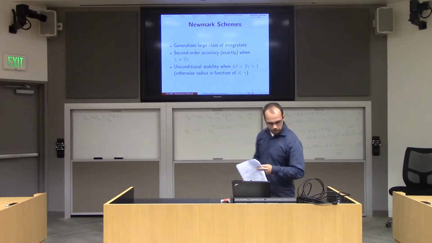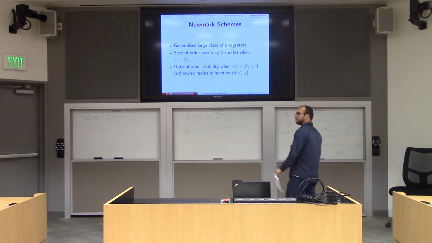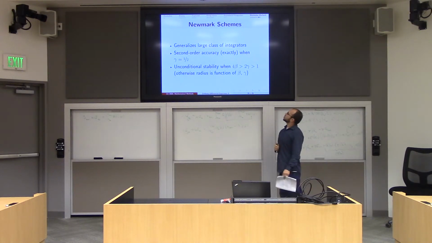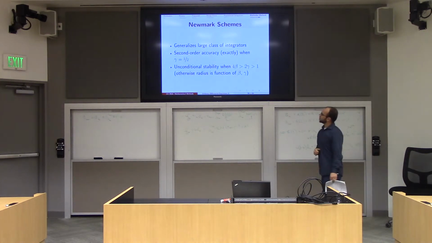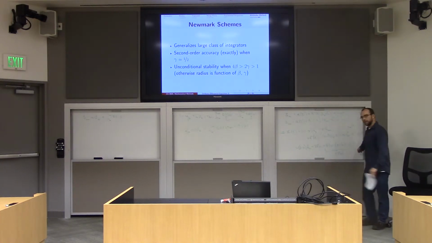So in general, for numeric schemes, it's this large class of different Newmark integrators, right? Each choice of gamma and beta gives you a different integrator. You can show, although the proof is highly non-trivial, I tried, that you get second order accuracy exactly when gamma is equal to 1/2. If you choose any number for gamma other than that, it's first order accuracy. Well, by construction, it's first order accurate.